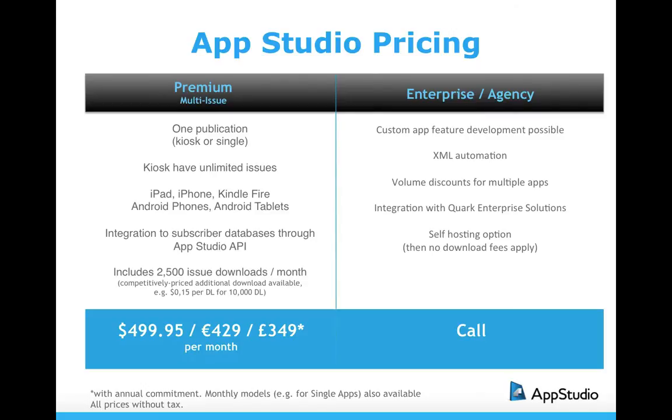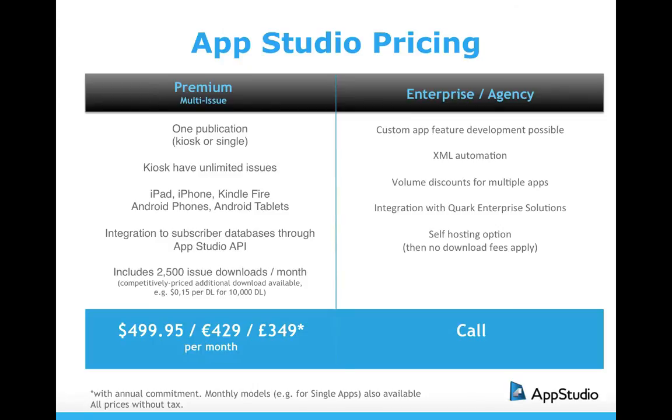And if that's not enough for you, there's also the enterprise or the agency model, which allows you to actually add custom features to your app, something that maybe just one client of yours needs, and you want to have that in there. Allows you to do XML automation, gives you volume discounts if you have multiple apps or publications.